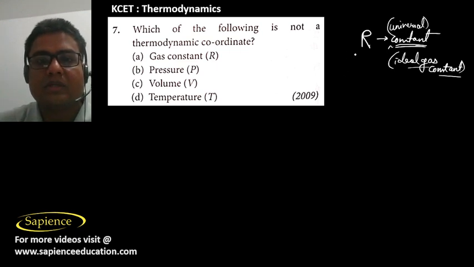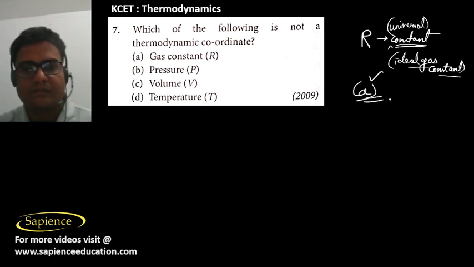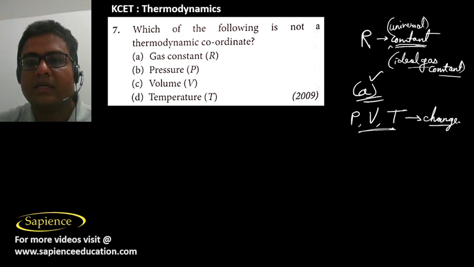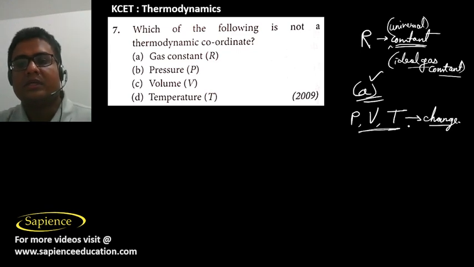So it is not a thermodynamic coordinate. So option A is the correct answer. But pressure, volume or the temperature of an ideal gas can change, so they are not constant, so they can be treated as thermodynamic coordinates.